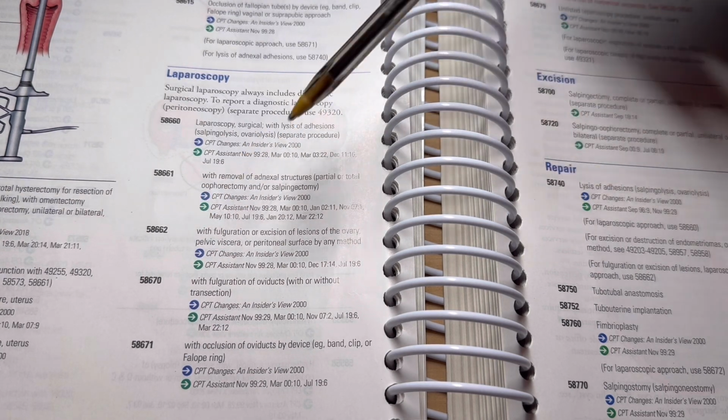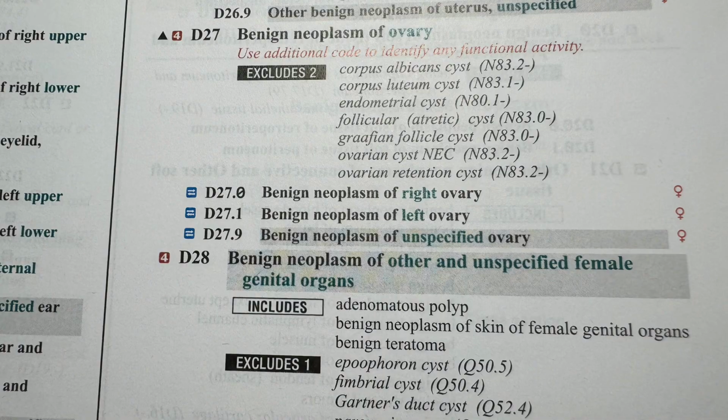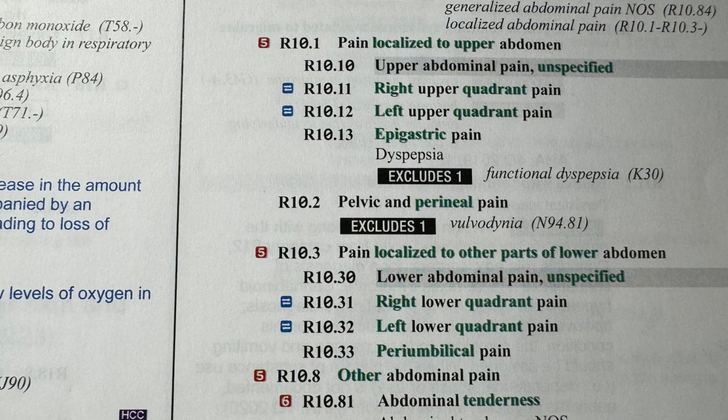So 58662, and there were no bundling edits for those 2 codes, so I will see what my team says about that. If I didn't say it already, the diagnosis for the dermoid cyst is D27.1, and the pelvic pain was R10.2. So that was that procedure.